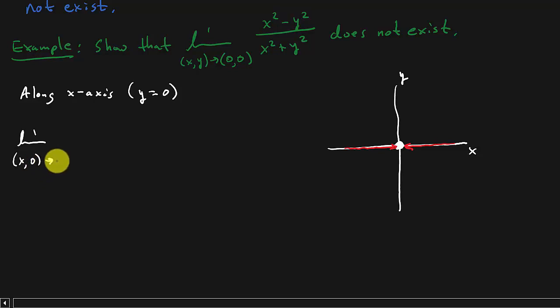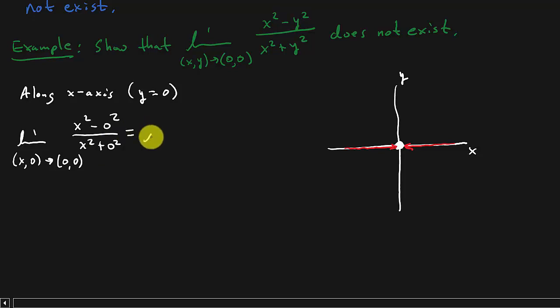As that approaches the point (0, 0) of (x squared minus 0 squared), because remember y is 0, over (x squared plus 0 squared).